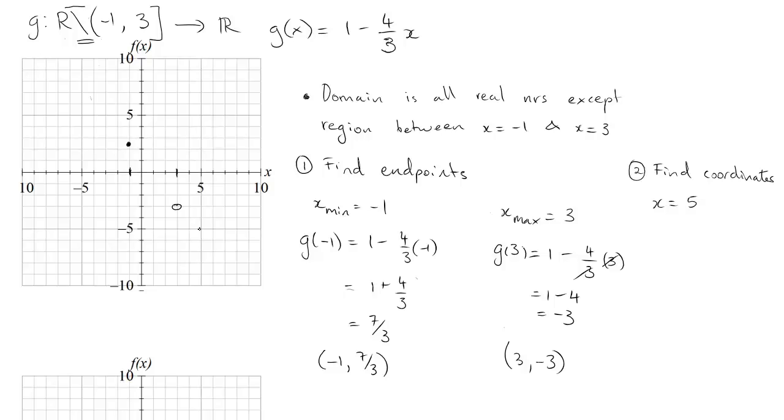So if +5, substitute it into g of x. g of 5 equals 1 take away 4/3 times by 5. 1 take away 20/3. And 3/3 take away, so -17/3. So we've got -17/3, which is just around 6. It's very close to 6, so we've got a point there.